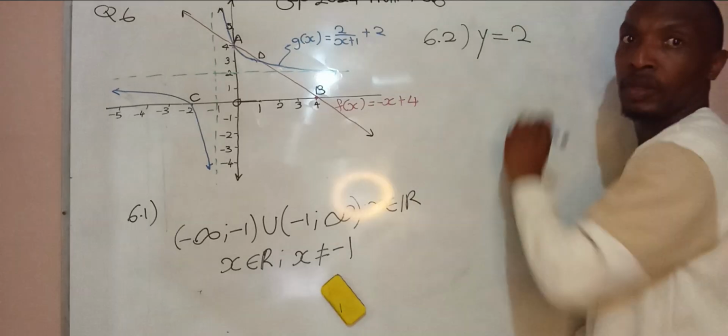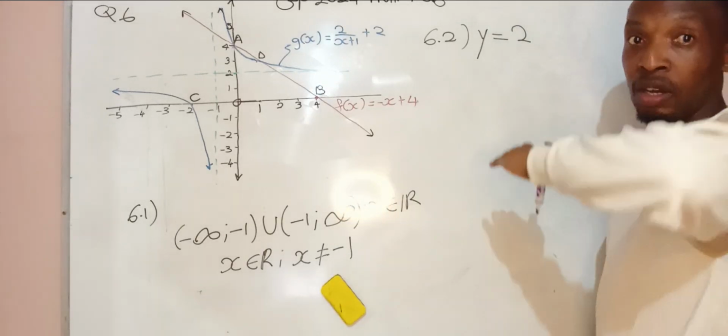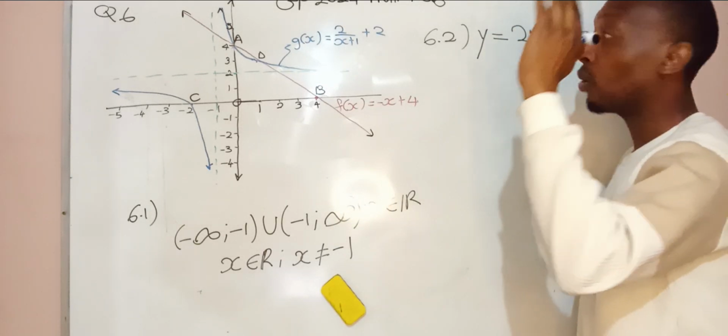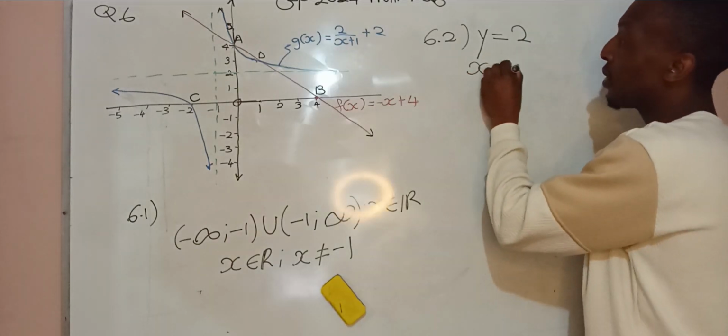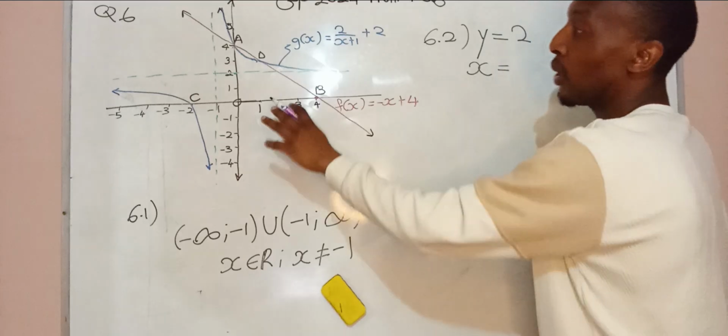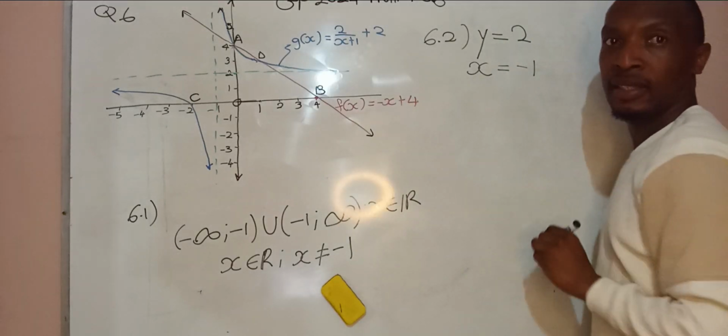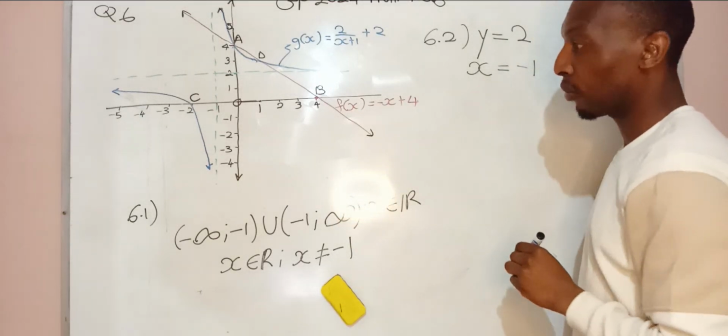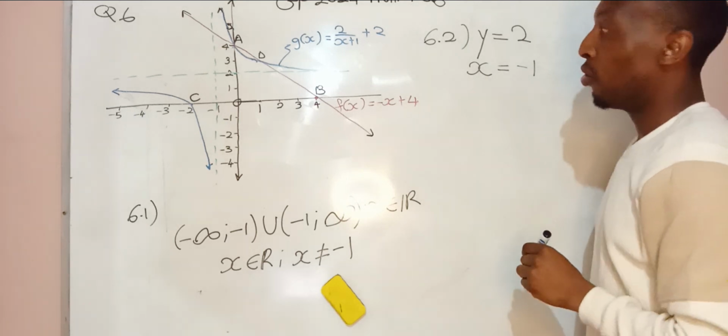So it's y is equal to 2. That's the horizontal asymptote. The vertical one will always be x is equal to wherever that line cuts the x-axis. So it cuts my x-axis at negative 1. That is the equation.